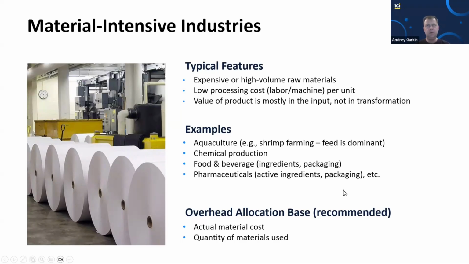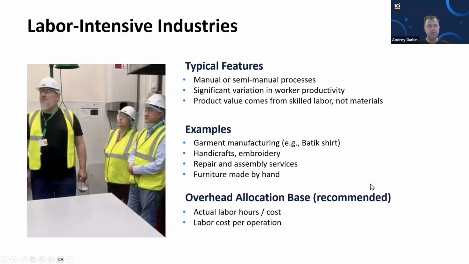So the more expensive your materials, maybe it's better to choose actual material cost. Or if they are not so expensive, you can use quantity, because for the first product you can, for example, use one piece of something, but for the second, 1,000 of something. So it's better to choose this kind of allocation base.